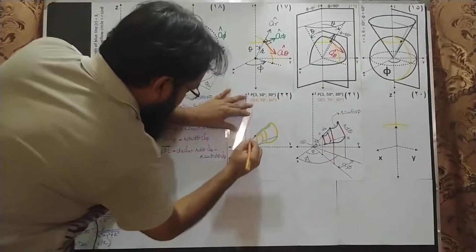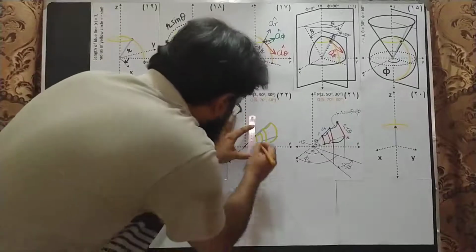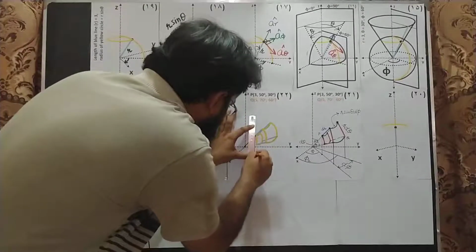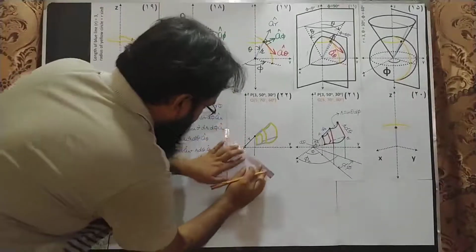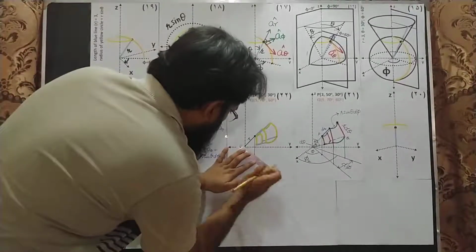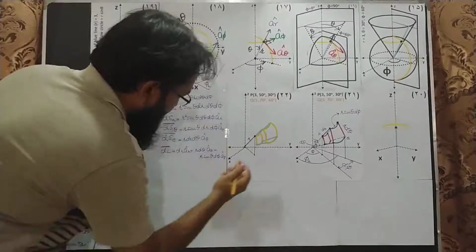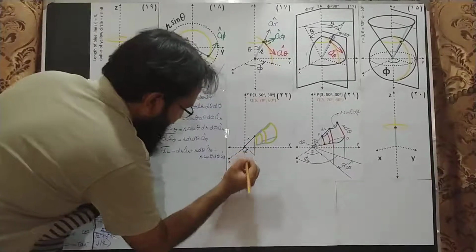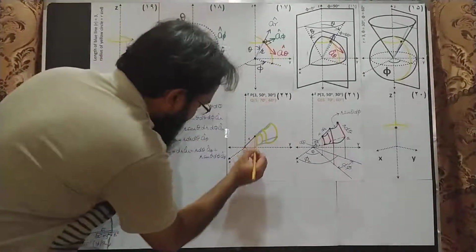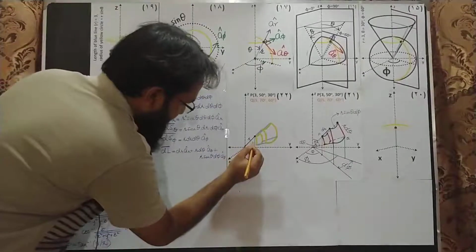This is r, and if I drop a perpendicular from this point down to the z equals 0 plane, I'll get a point, and if I join this point to the origin, I will get the line which is making an angle phi with respect to the x-axis, and this height is nothing but z.